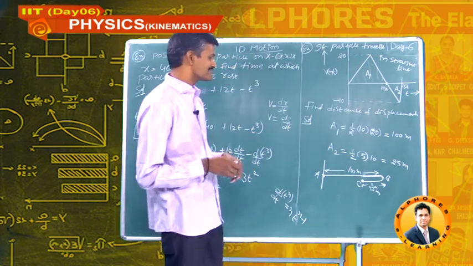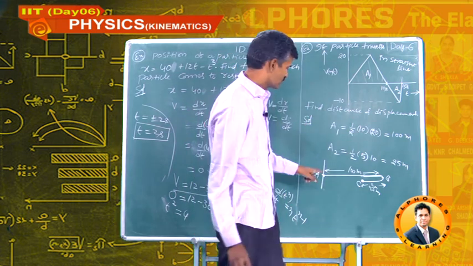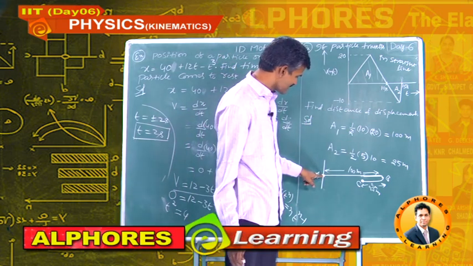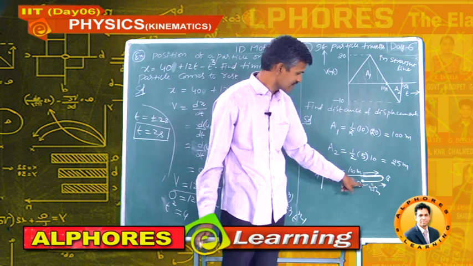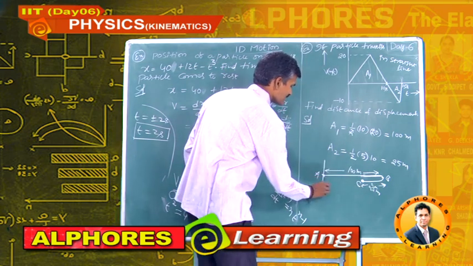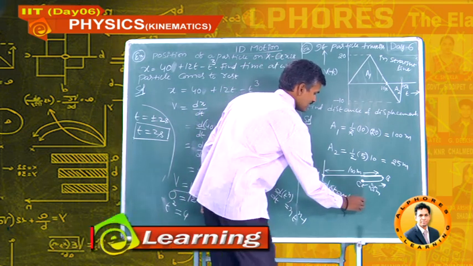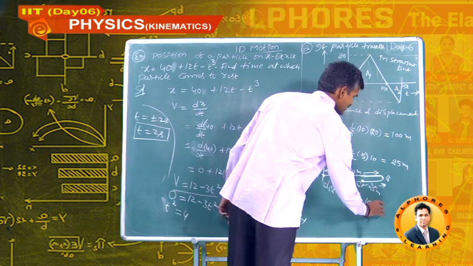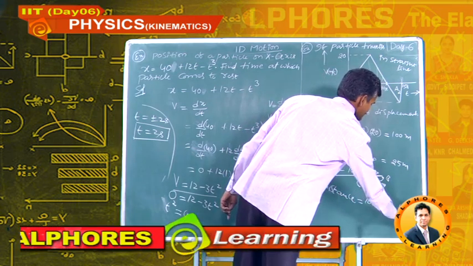So what is your distance? Distance is the length of the actual path. So the particle starts from here to here, it travels 100 meters and then back 25 meters. So you can write distance as 100 plus 25, that is 125 meters.